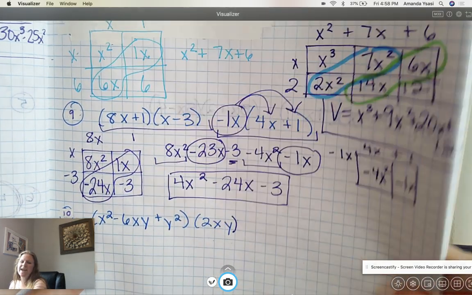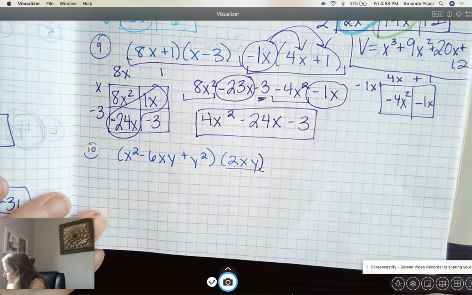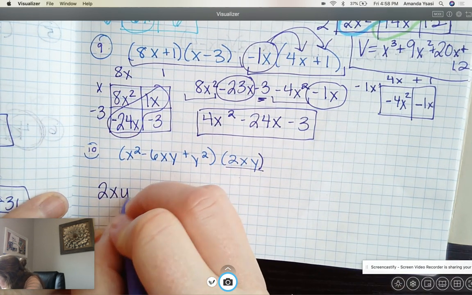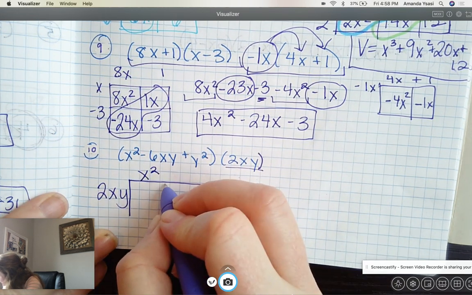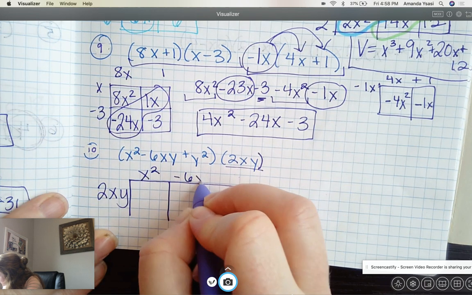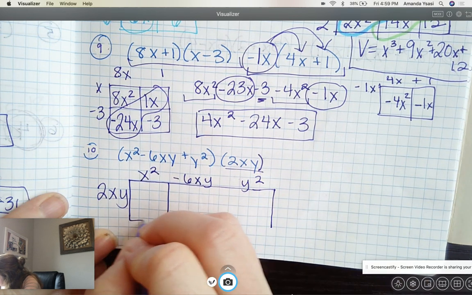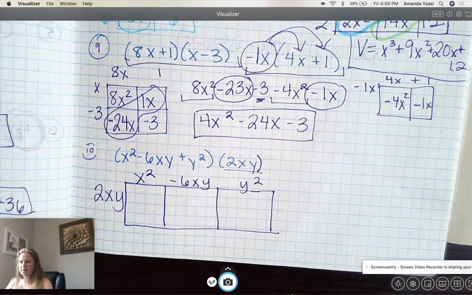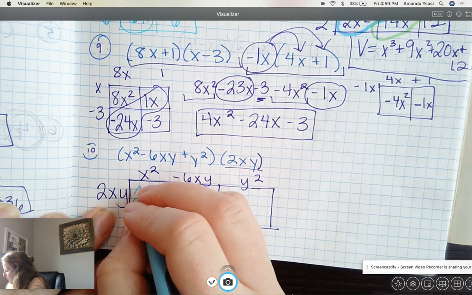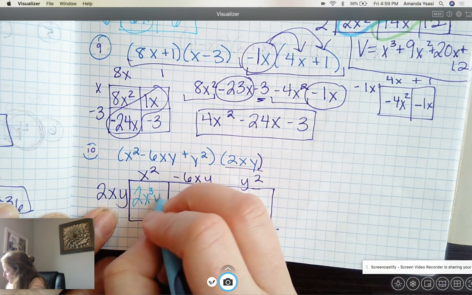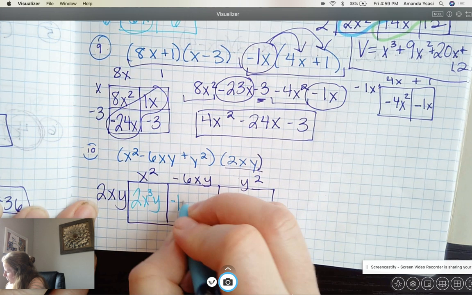Okay, last one. This is just 2xy times each one of those. So I'm going to write 2xy here. And then this is x squared minus 6xy, and then y squared. Okay. So this would be 2x times x squared, making that x cubed, and y. 2 times a negative 6 is negative 12.